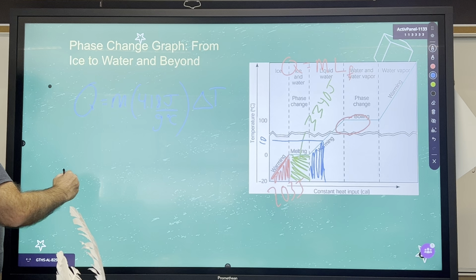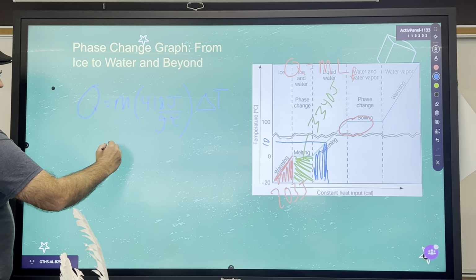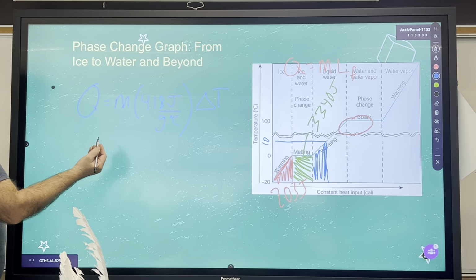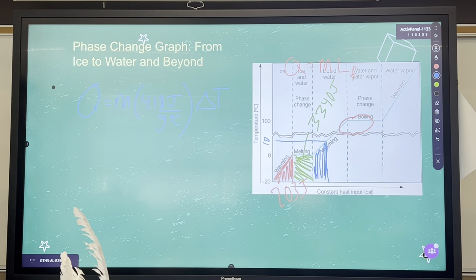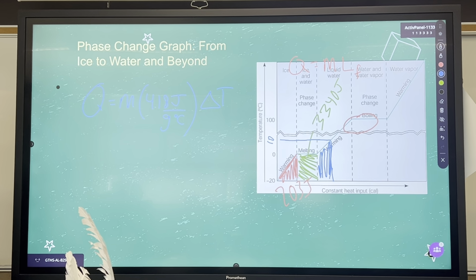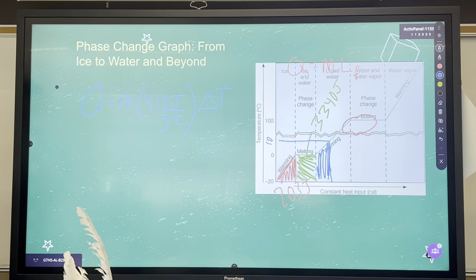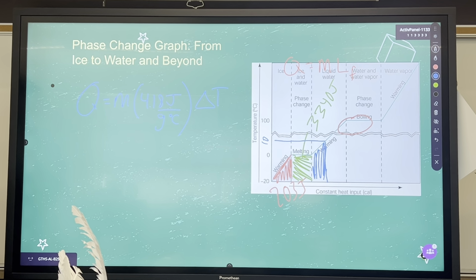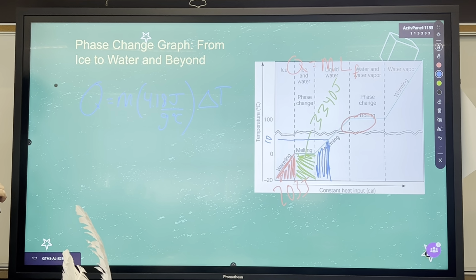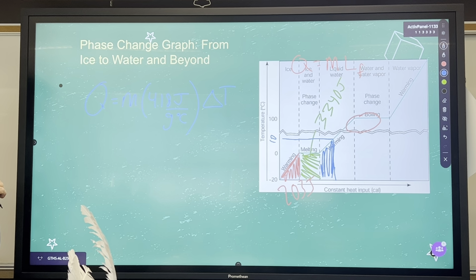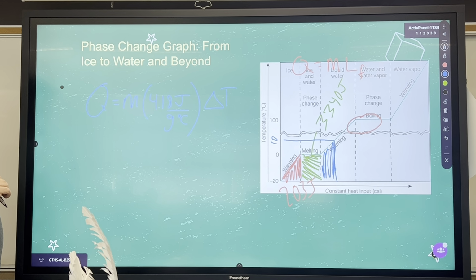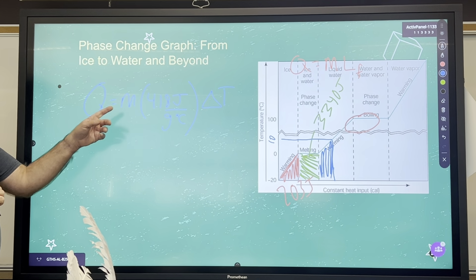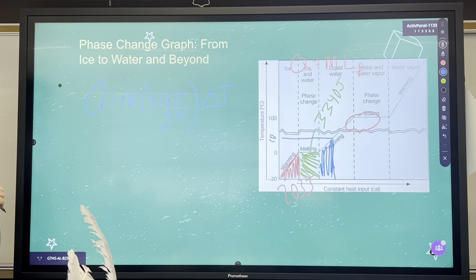Our mass would be whatever's in grams for the example problem here. I'm doing number one on the paper. This is a freebie. So what's the mass for number one?